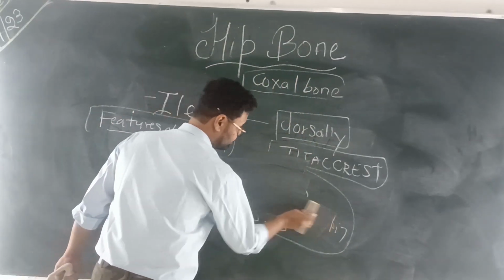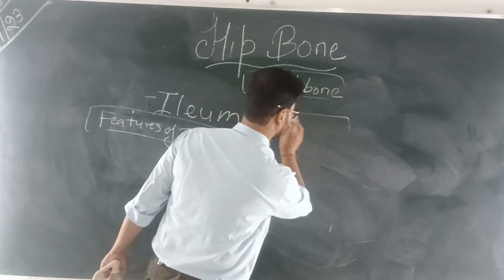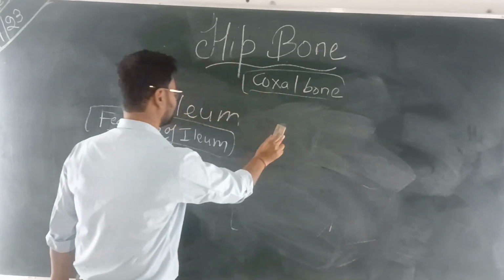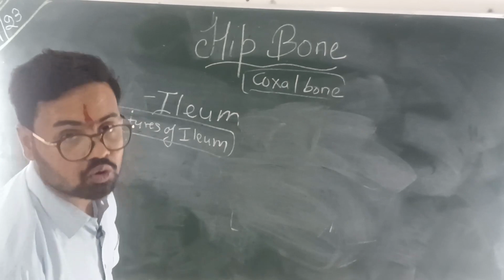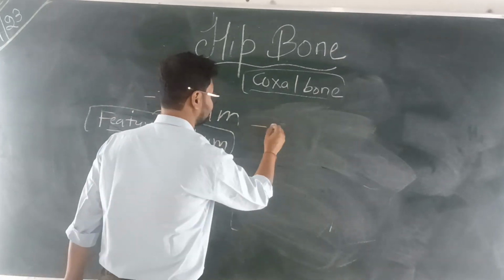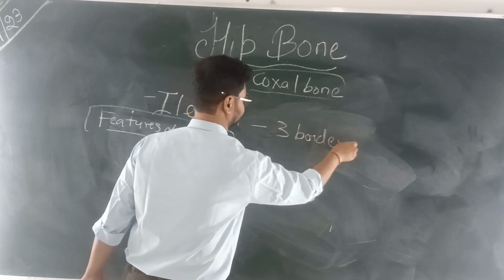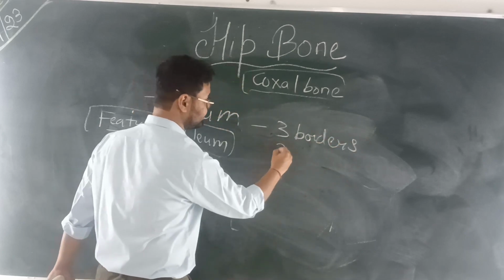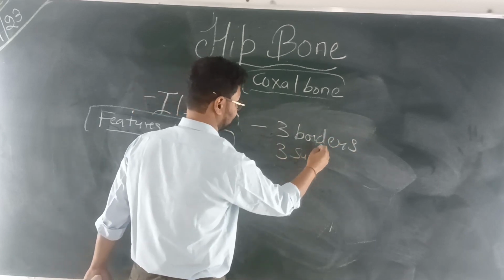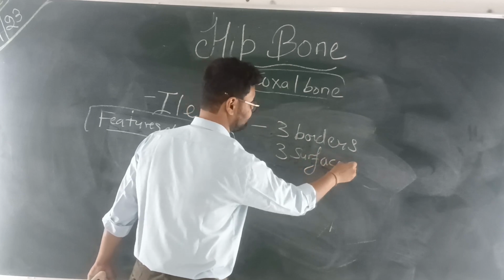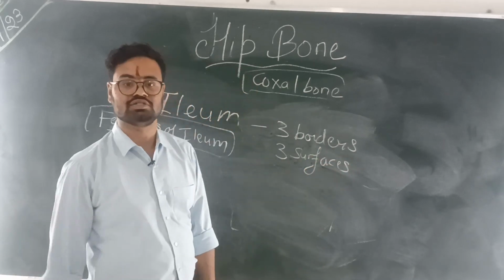Basically, iliac bone consists of three borders and three surfaces.